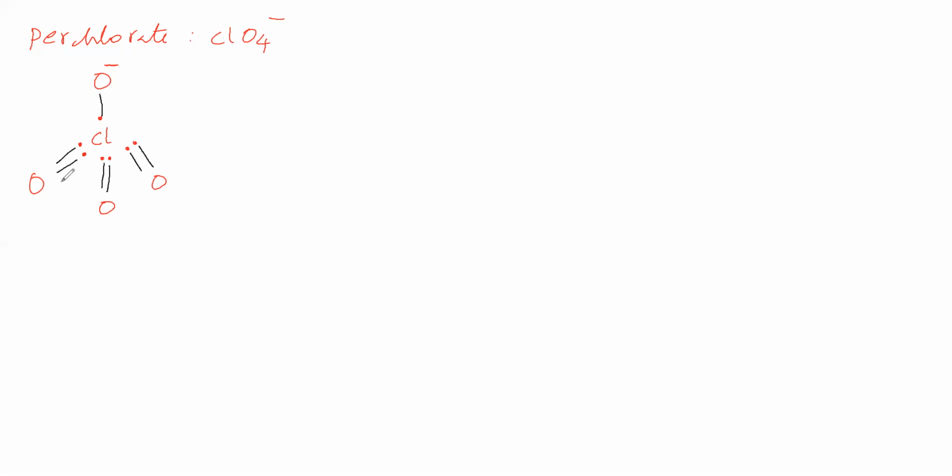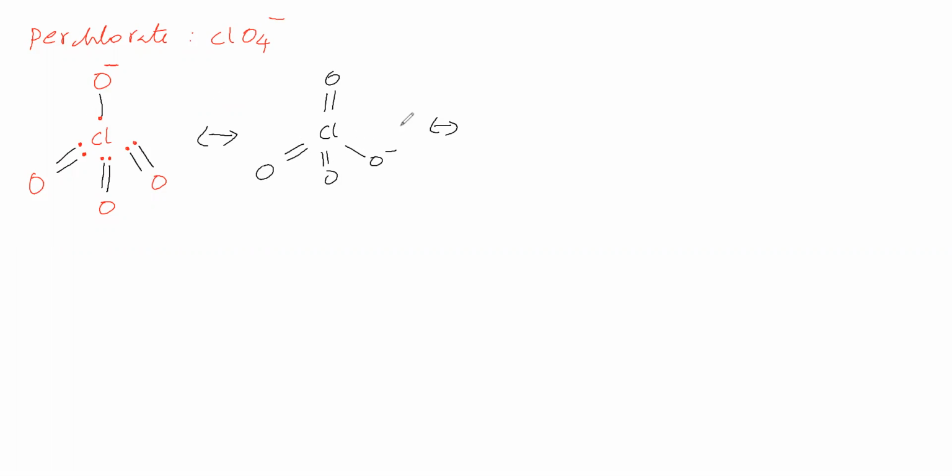This is a resonance structure for perchlorate. What are the other possible resonance structures? We'll see. This single bond we will give in this place. This single bond we will give in this place. It is another possible resonance structure. Next possible resonance structure we'll write. This single bond we will write here.